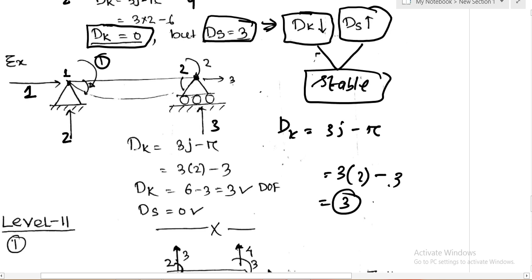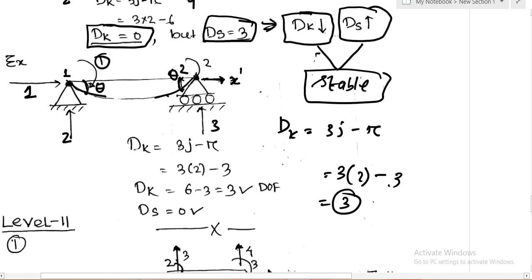Can you show that in the beam? The interviewer will ask you in the interview, can you show me the degree of freedom in the particular structure? Yes, I can show you. Here linear translation is restricted, so it can move in angular displacement. This is one possible case of degree of freedom. For these joints, there is one linear movement in the x direction, and angular rotation is possible at point number 2.